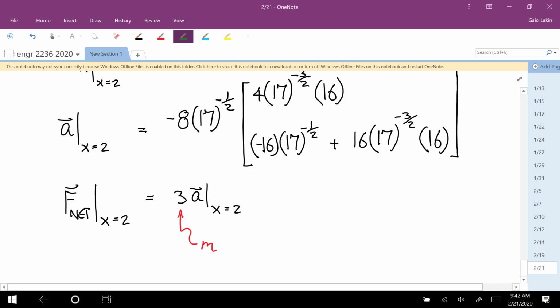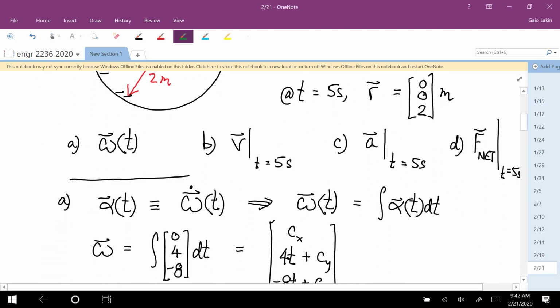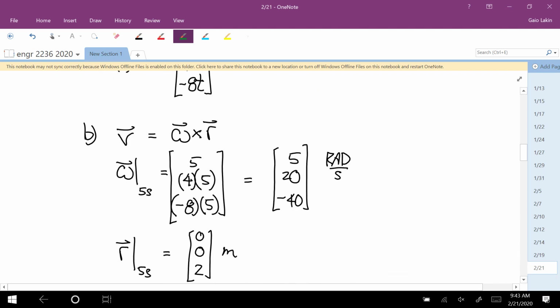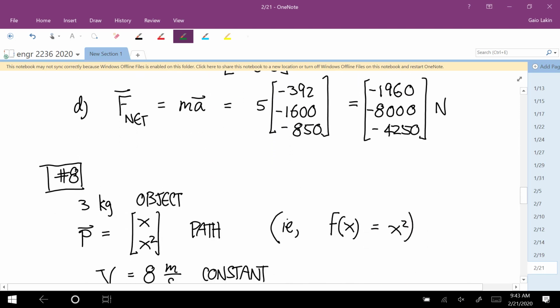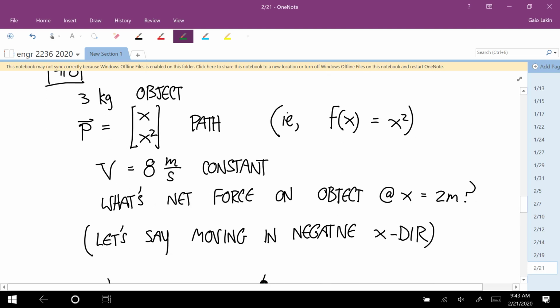I think largely it's just identifying the big picture of what each problem is about. Like this one, hopefully you look at it and you think, okay, we're given the path as a function of x, and so we're not going to be able to take the time derivative, but you've done problems before where you've used that chain rule approach, come up with the velocity vector, use the chain rule to find the acceleration.